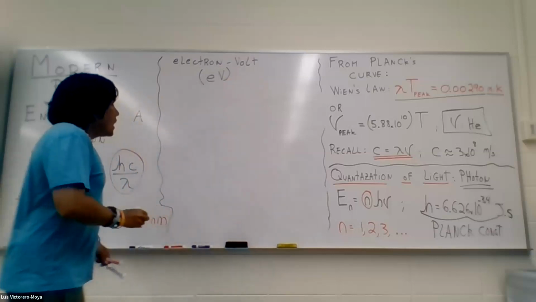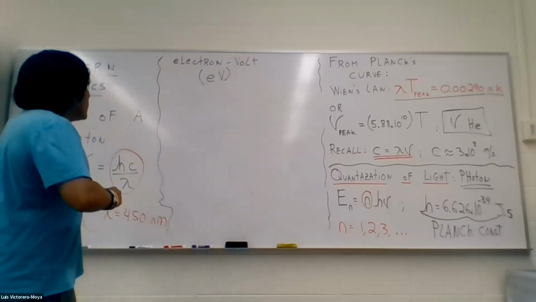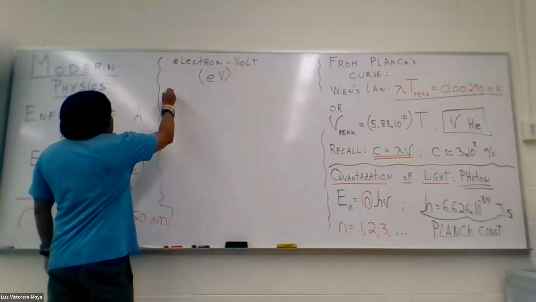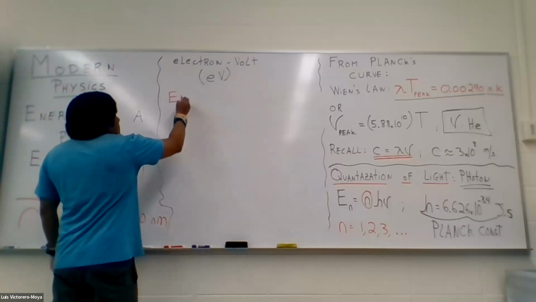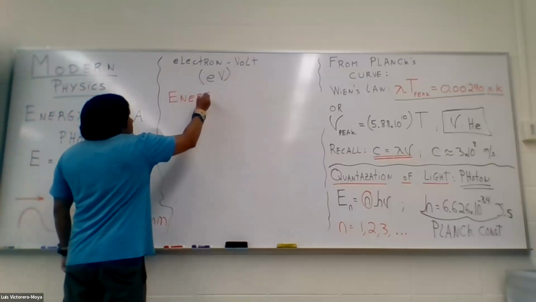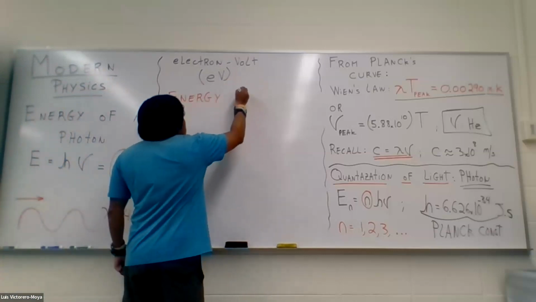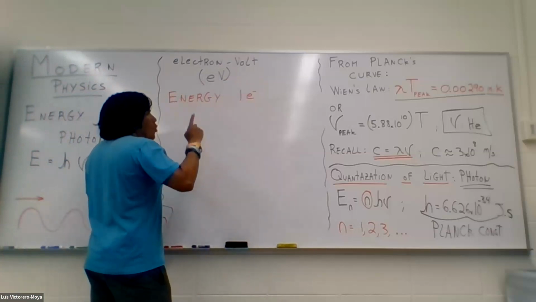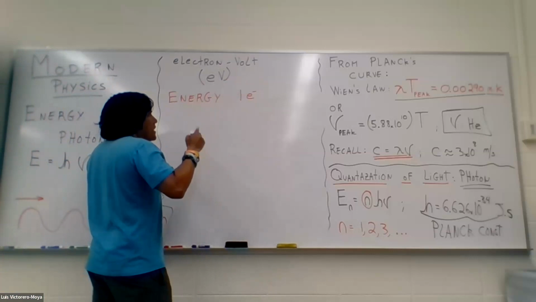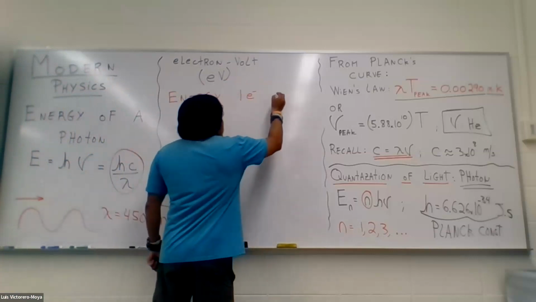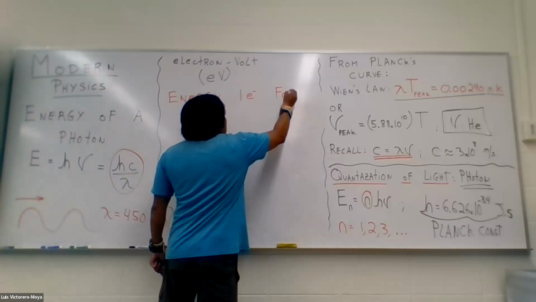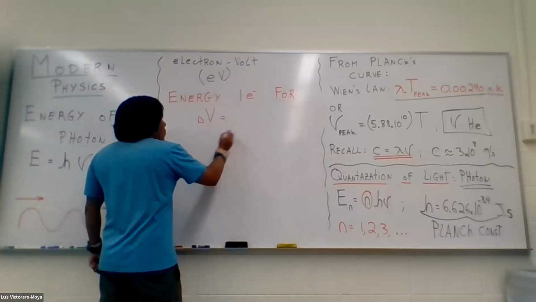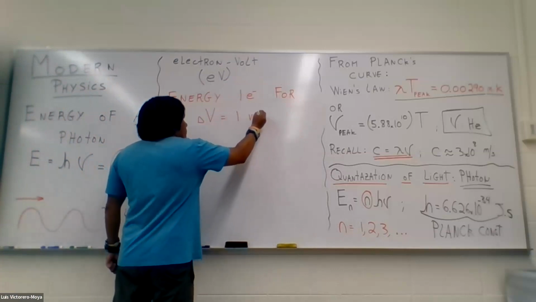An electron volt is the amount of energy required by one electron to change its potential by 1 volt, for a change in potential equal to 1 volt.